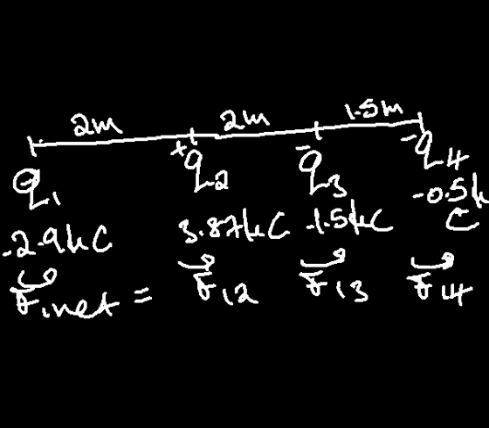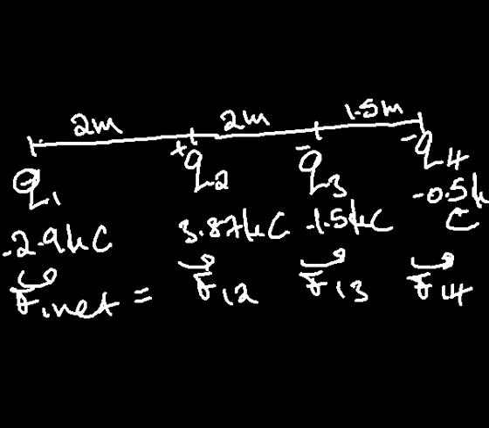F12 corresponds to the force on 1 due to charge 2. This is the negative charge and this is the positive charge, so it is an attractive force, and the direction will be towards this direction. That will be the positive direction. Hence, this is a positive force.